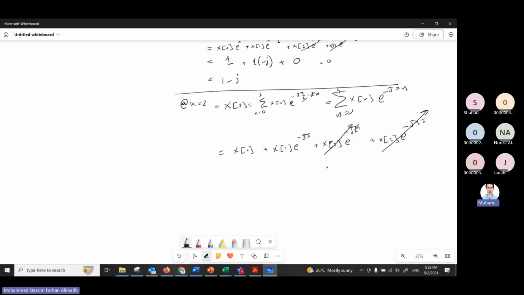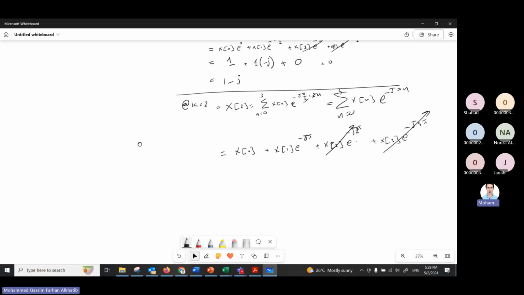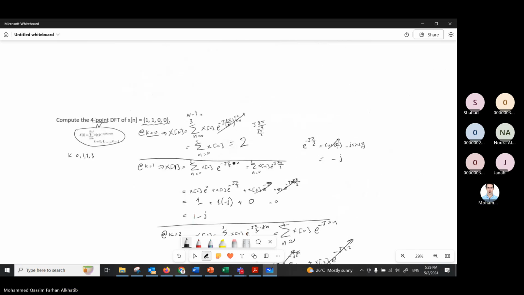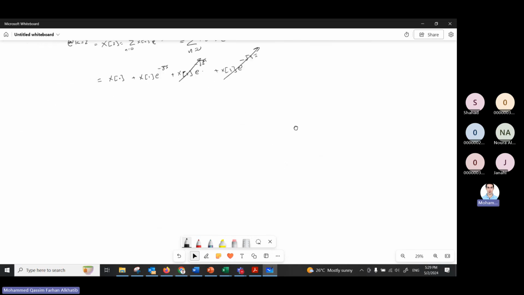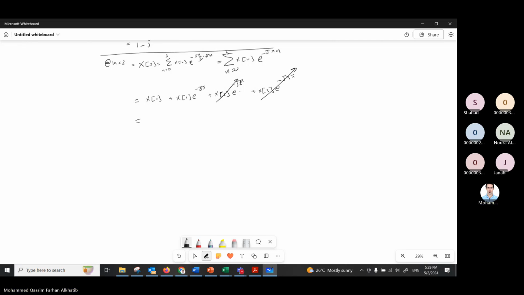Again, x of 2 and x of 3 are zeros already. Don't forget, that's x of 0, that's x of 1, x of 2, x of 3. So they are zeros. All right, in this case, 1 plus now x of 1 times e to the power minus j pi, which is cosine pi minus j sine pi. So that's going to be negative 1, since cosine pi is negative 1 and sine pi is 0. So in this case, the answer will be 0.